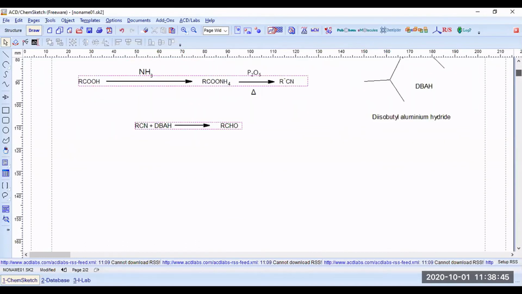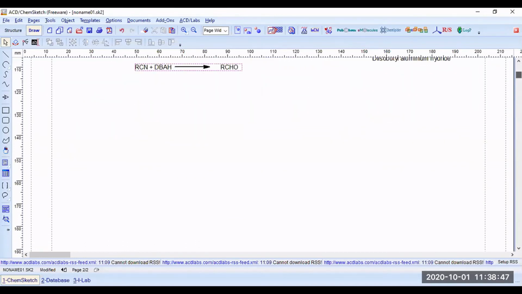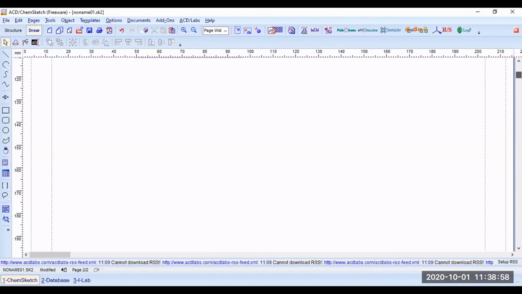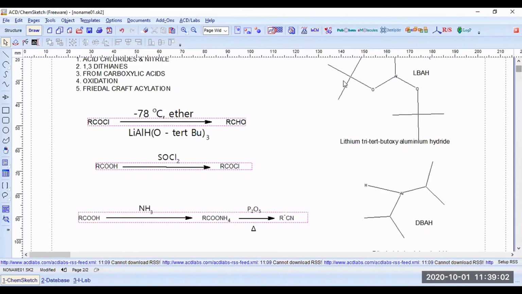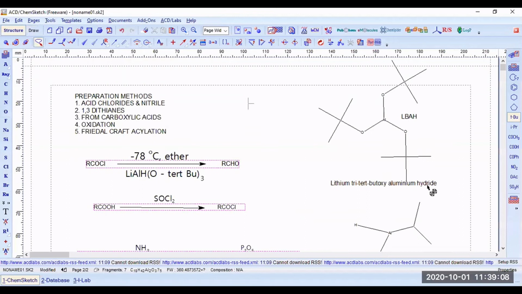And sometimes there is a chance to ask the mechanism. That is also one possibility. I will show the structure for that.